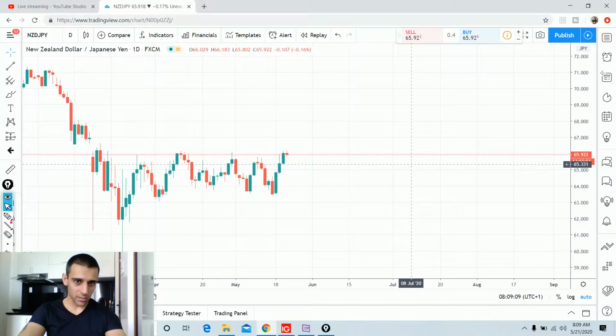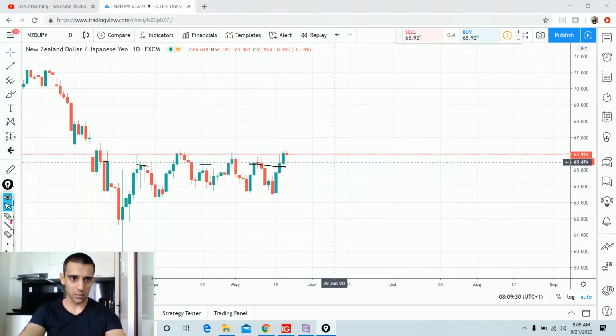There are some decent support levels we must be aware of. The 65.40 zone looks like a decent support. Around 65.45, that looks like a pretty strong support level.